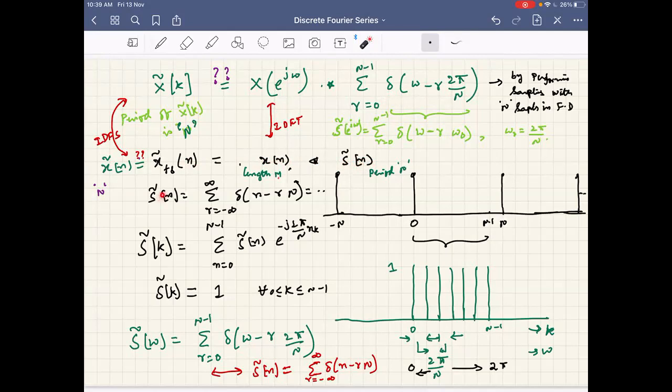To get s tilde of n, in the previous example, I had x tilde of n of this nature, right? Which is an impulse train, located at 0 and 2N like this. Now if I take the discrete Fourier series for this sequence, what I get is x tilde of k, which is equal to 1 for 0 to N minus 1, right? This example, if you remember, we have done earlier.